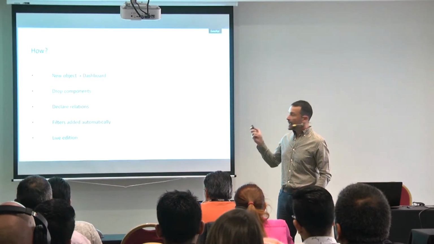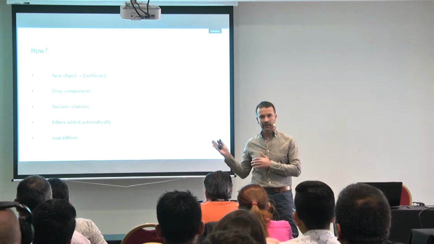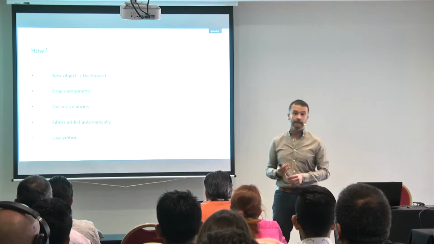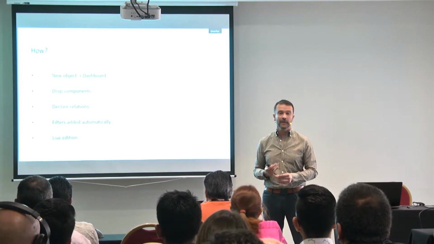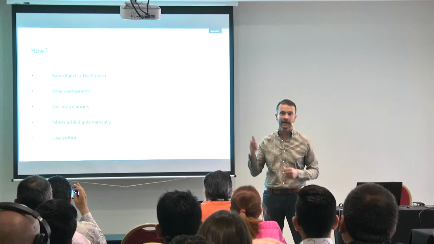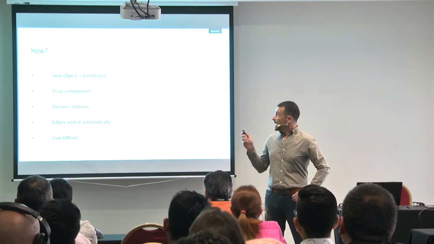Now, how do we do this? Before version 16, you could have a dashboard like the one I showed you using queries, but to do it that way you had to write lots of code and chain the components and so on.